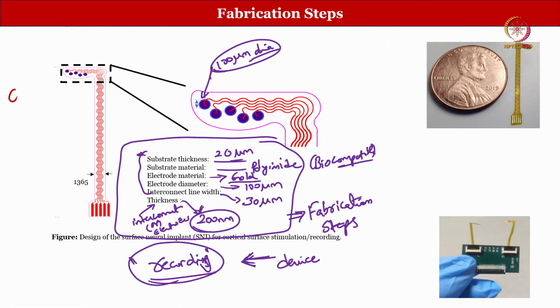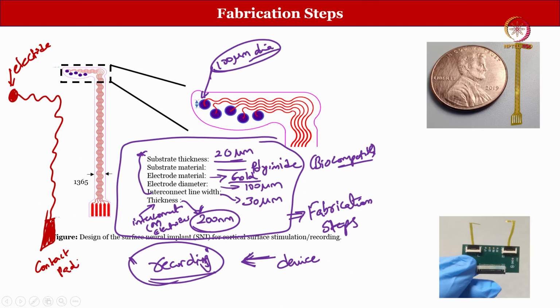So, you have the electrode area, there is an interconnect, and there is a contact pad area.